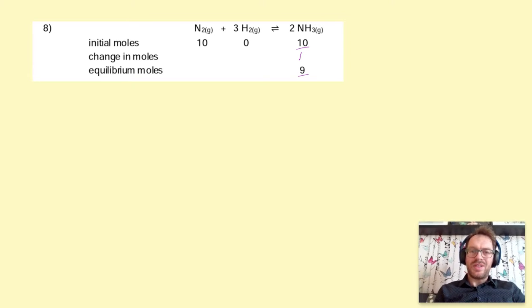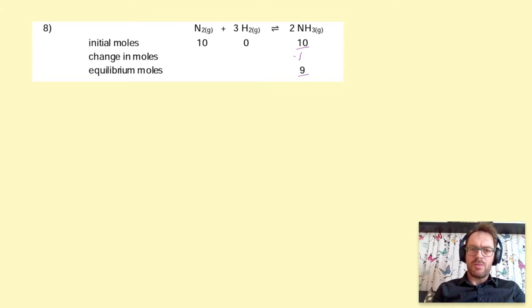The amount of moles used is going to tell us how much of the nitrogen and hydrogen we must have made. So if we've used minus 1 mole of ammonia, it's a 2-to-3 ratio with the hydrogen.